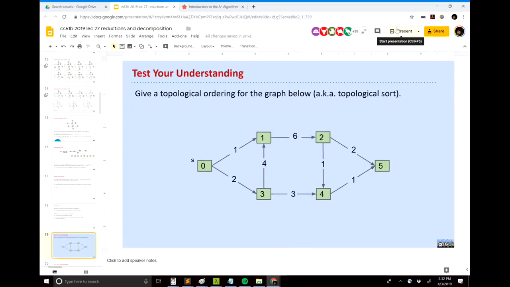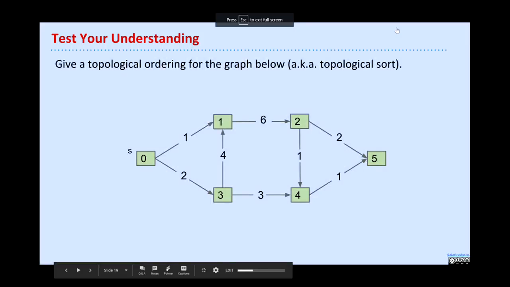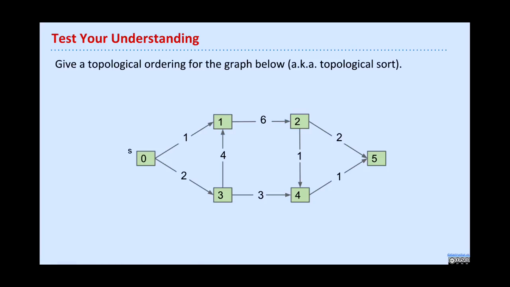Okay. So what I'd like you to do is, given this graph, tell me what a good topological sort would be. You do not need to use that algorithm I just told you, but I want you to see if you can come up with one. And this will be important because we're going to solve another graph problem in a minute.